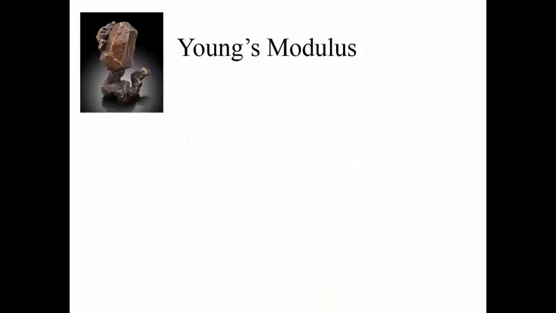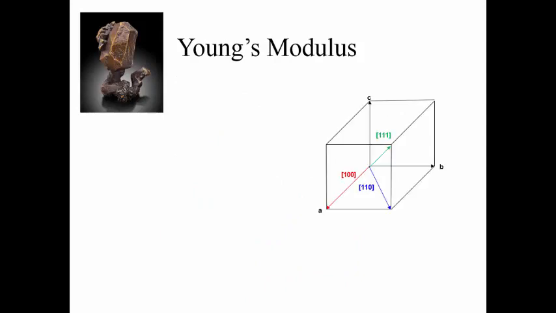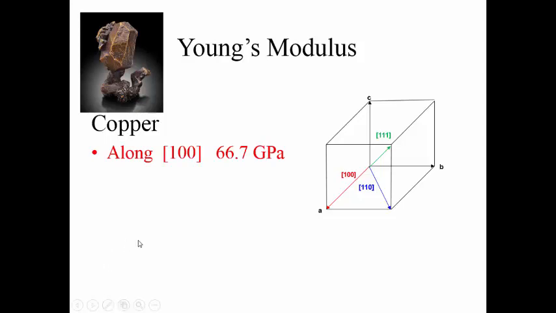Now let's look at Young's modulus for copper. There's a crystal of copper, and it turns out that along the 110, which is along here, the Young's modulus is 66.7 gigapascals.